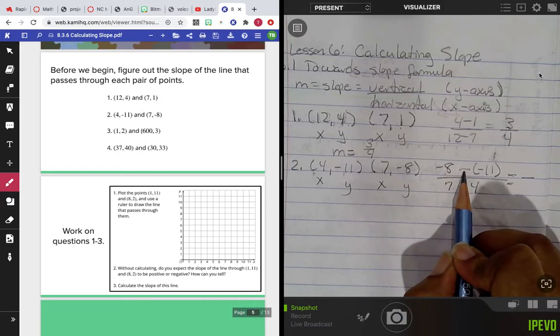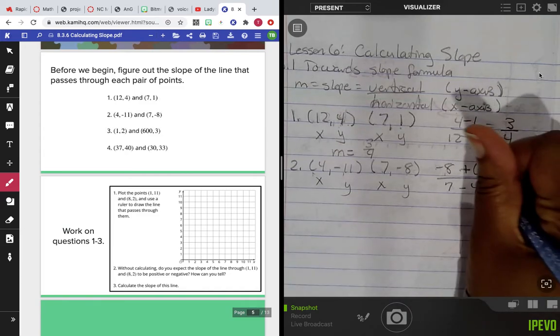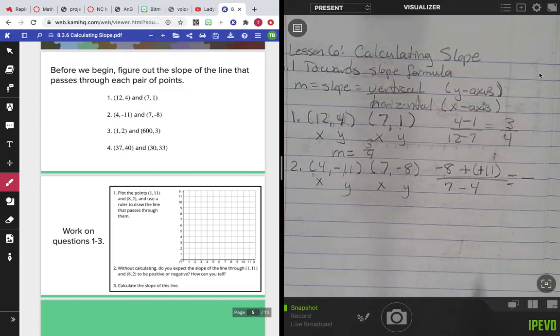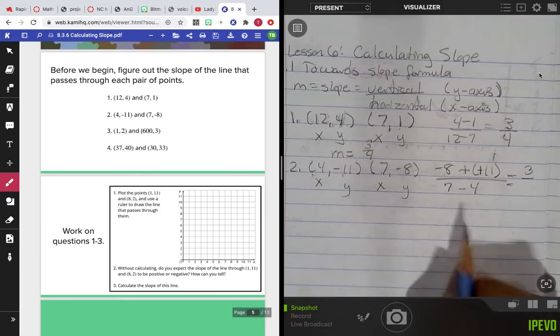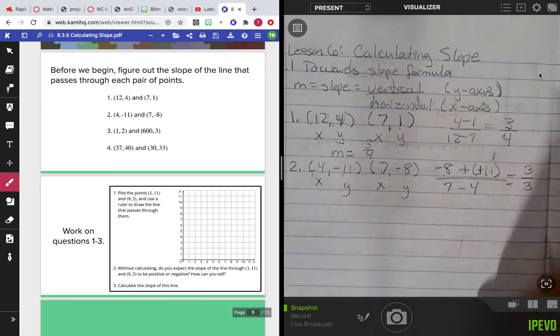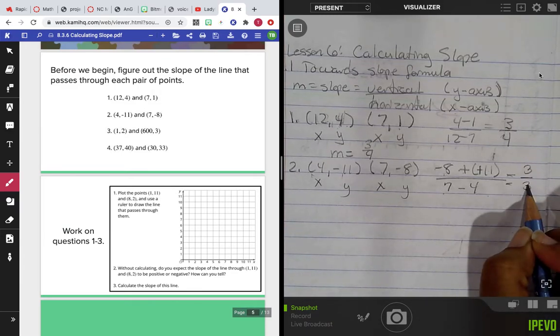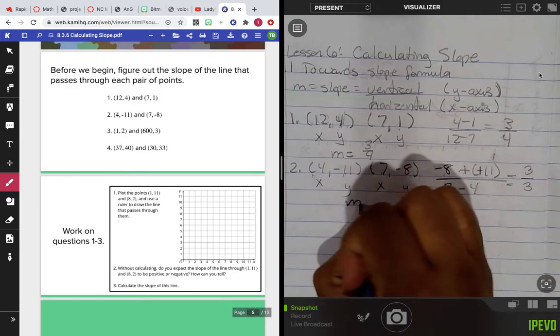Subtraction changes to addition. And the opposite of -11 is +11. So now my question is -8 plus 11, which is a +3. And then 7 minus 4 is 3. 3 divided by 3. My slope for this question is 1.